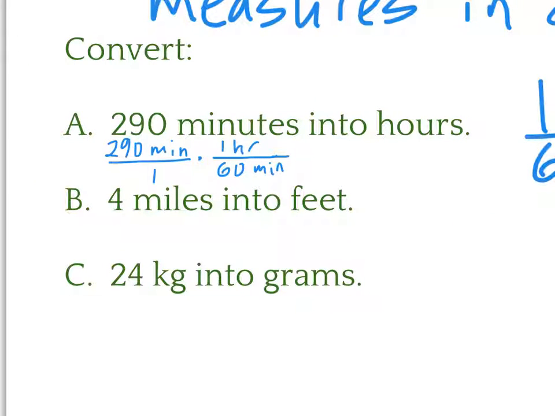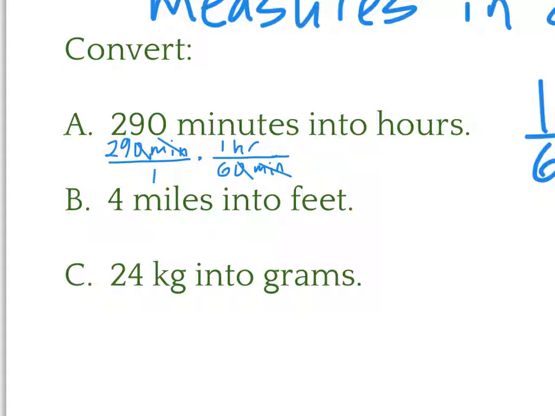So we multiply 290 minutes, which is really over 1, times 1 hour over 60 minutes. Minutes in the numerator and minutes in the denominator cancel, and then zeros cancel.